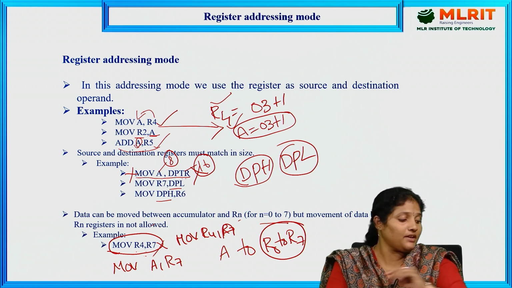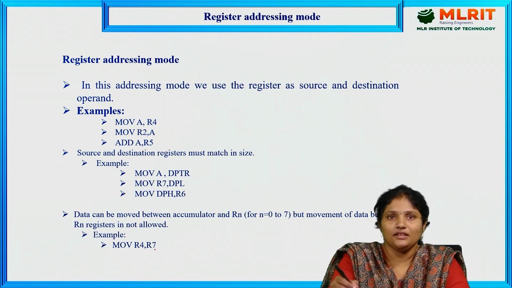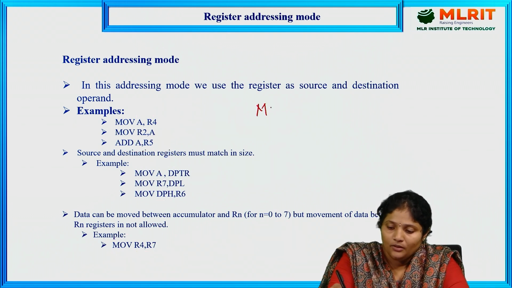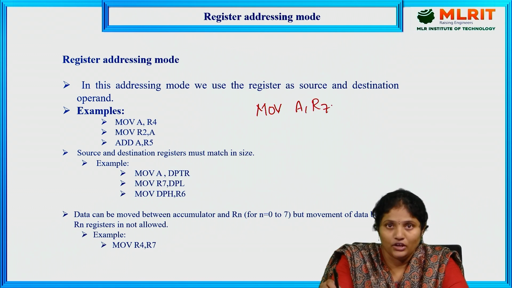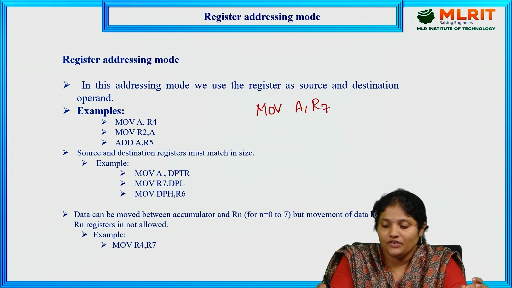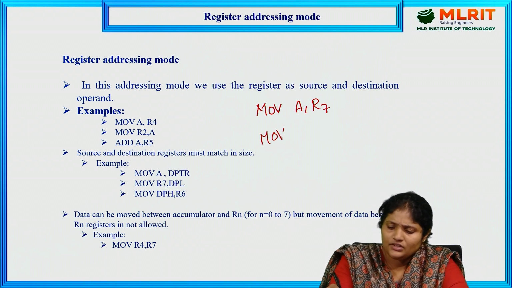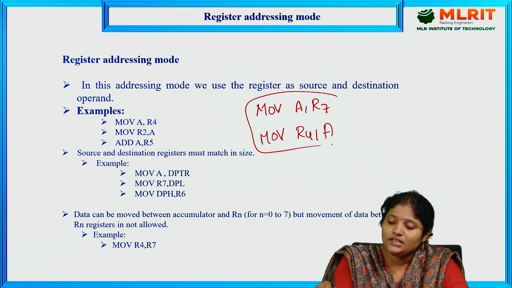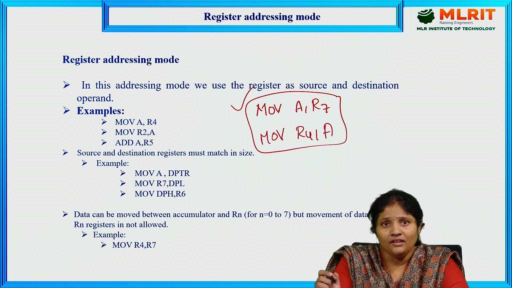For this purpose, first copy the data from the R7 register into the accumulator or B register. Now the data that R7 is holding will be copied to the A register. Now you can transfer that data to the R4 register. This is how you write the instruction.